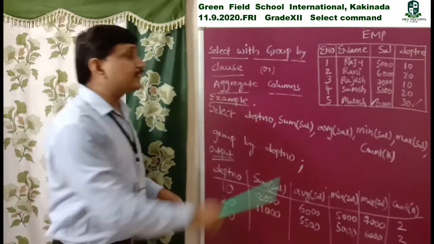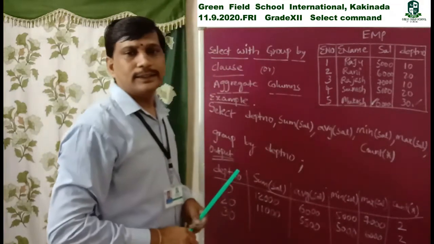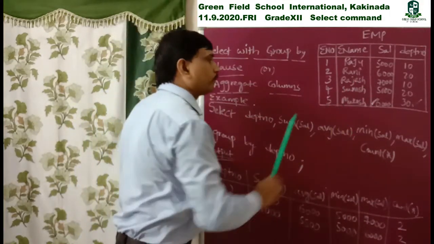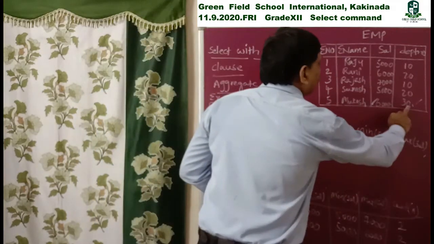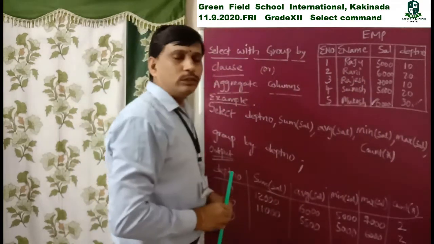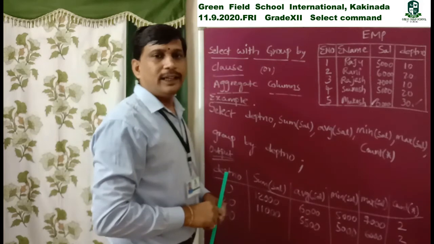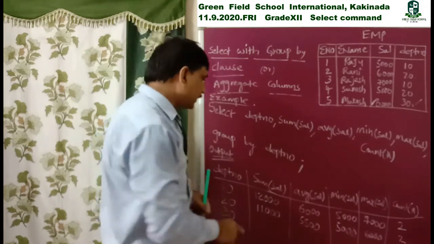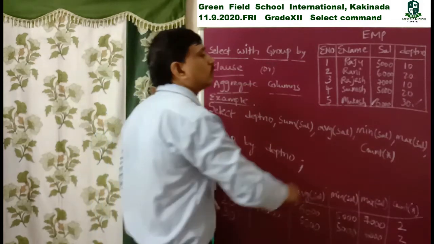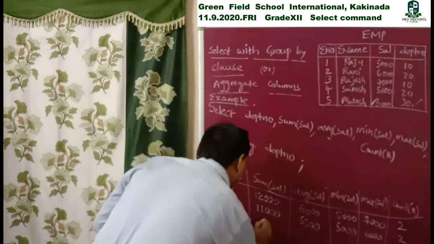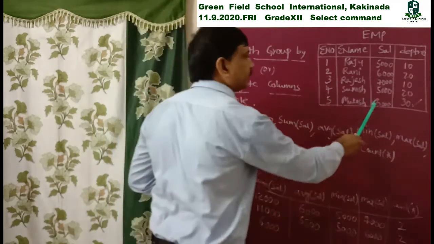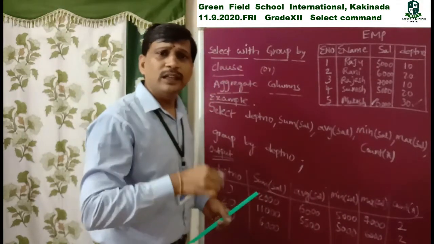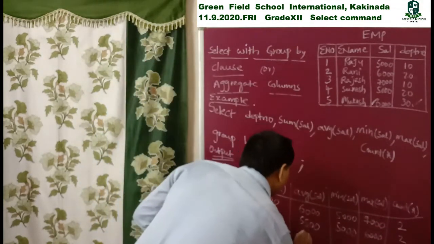See the 30th department, having only one employee. So that's why sum of sal is only 6,000. Your summation is 6,000. Average is 6,000 by 1, that is 6,000.